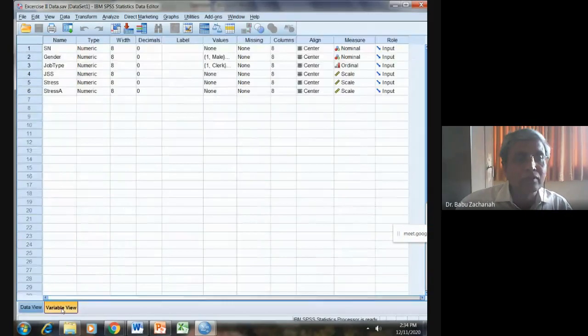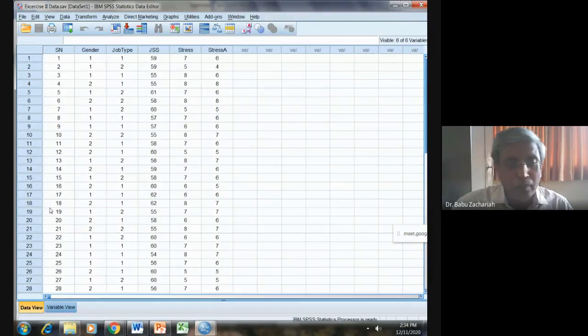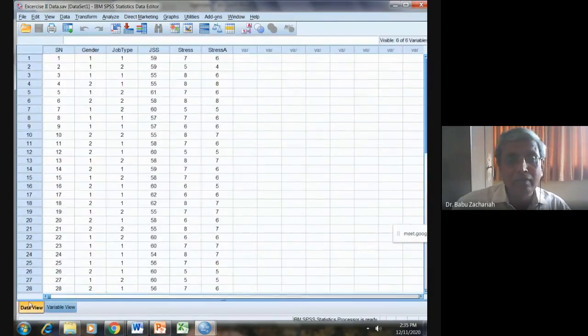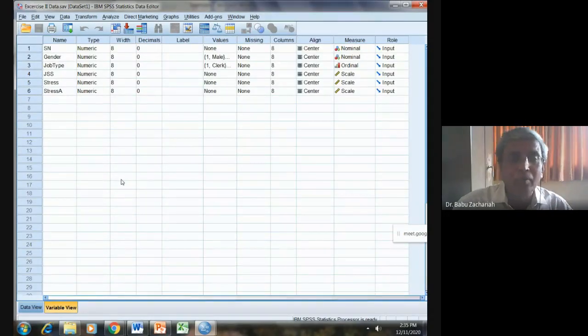Let's come back to this one. Serial number, of course, one thing you can observe here: everything is numeric. Okay, all variables are numeric. And the width 8 is given, almost maximum width required is 2. But I have given 8 everywhere, there's no problem about that.